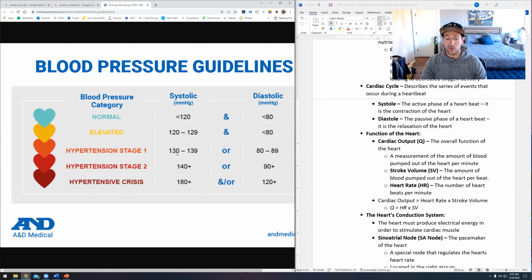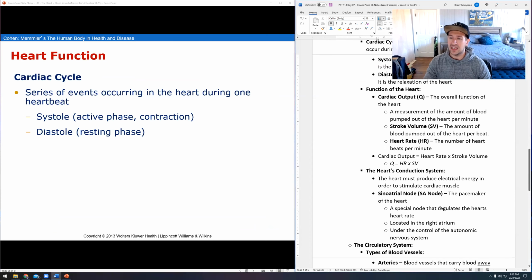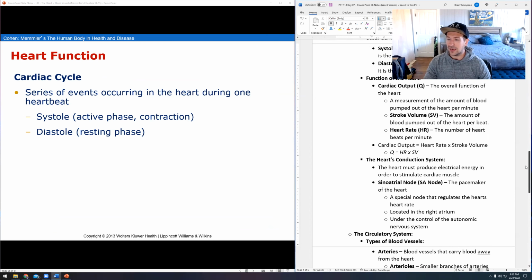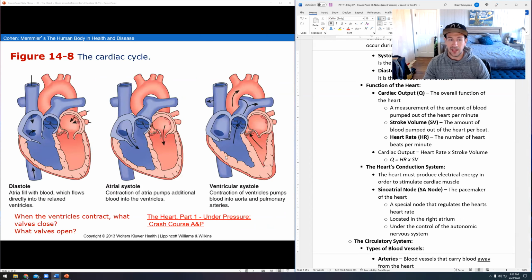If it is anywhere over 140 over 90, that is what's known as hypertension. So 140 over 90 is considered high blood pressure, and that can be very dangerous because you're basically having pressure problems. You cannot get blood to travel where it needs to go properly, and that means certain tissues are not getting blood.